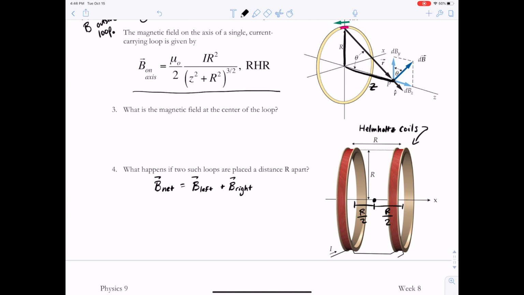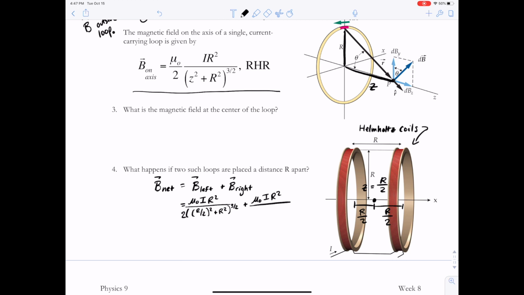Using the equation underlined above and evaluating it at z equals r over 2, we'd find that for the left coil, the magnetic field produced would be equal to mu naught I R squared all over 2 times the quantity (R over 2) squared plus R squared, everything to the 3/2. And for the right coil, because it's the exact same distance away, and we're looking at magnitude now, the expression for the magnetic field is exactly the same.